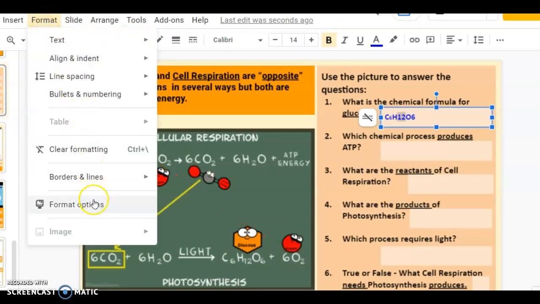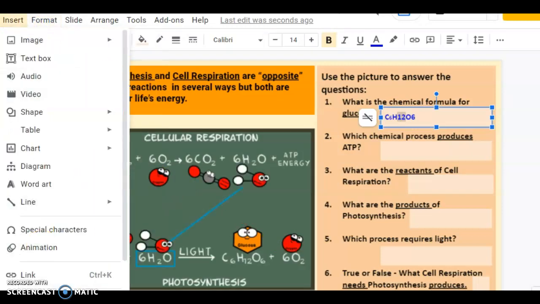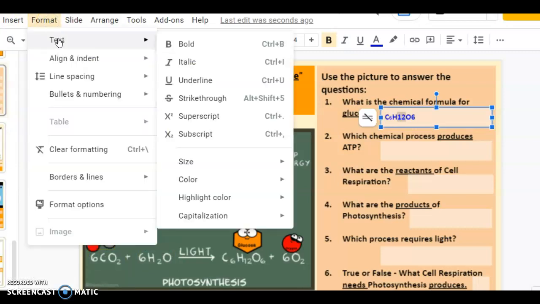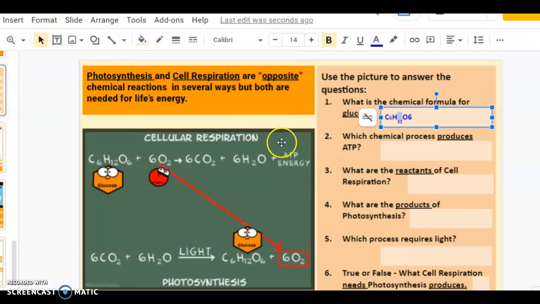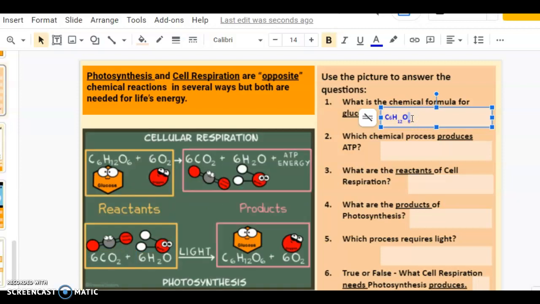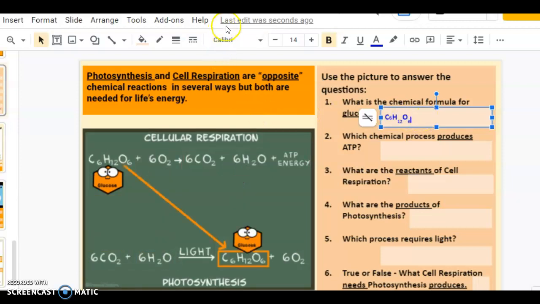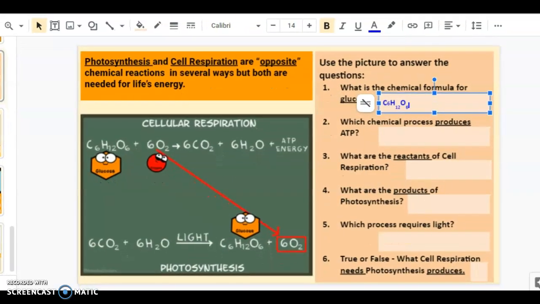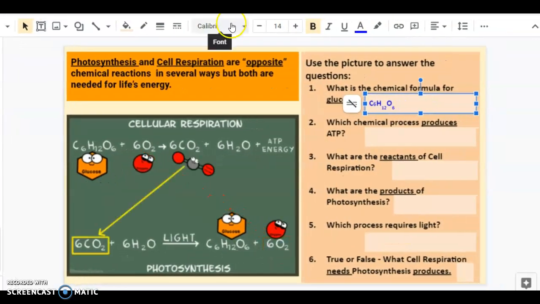And you can use this to change it to a subscript. Just go to Format, Text, and Subscript. And you can see the shortcut here for that is Control and the comma button. So if you want to be even fancier, you can do it that way. So either way you want to do it, totally fine. Just a little Google pro tip there for you.